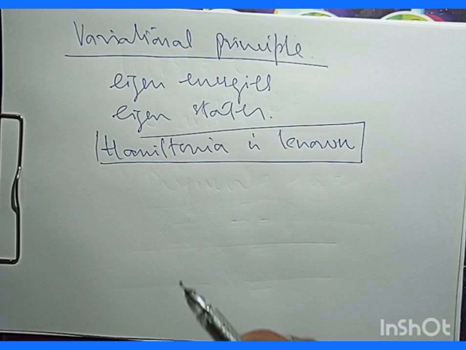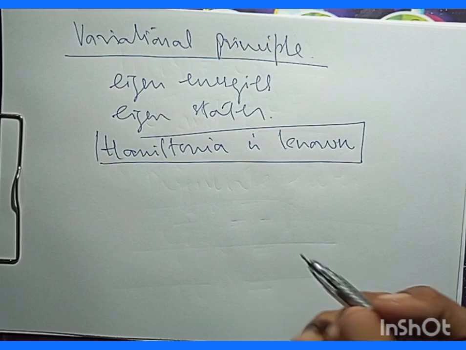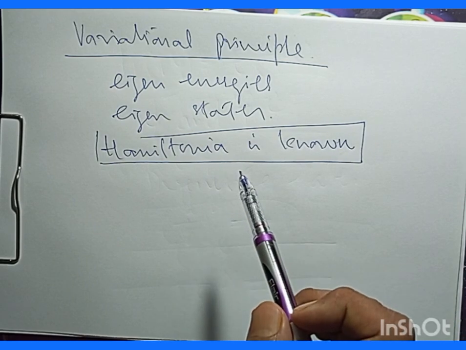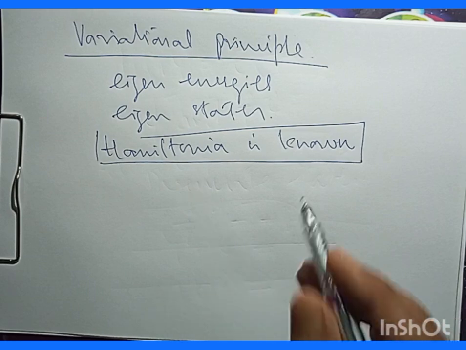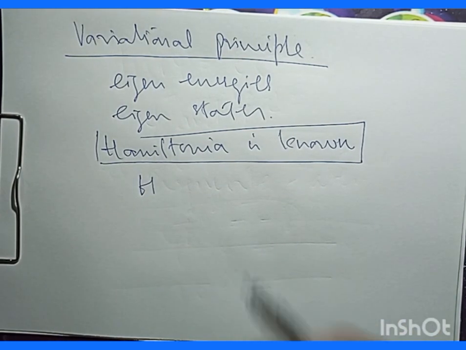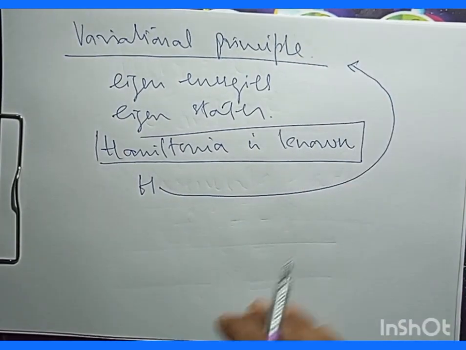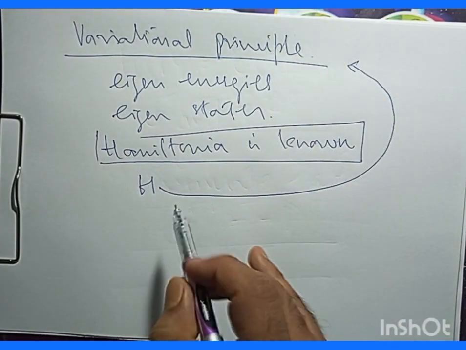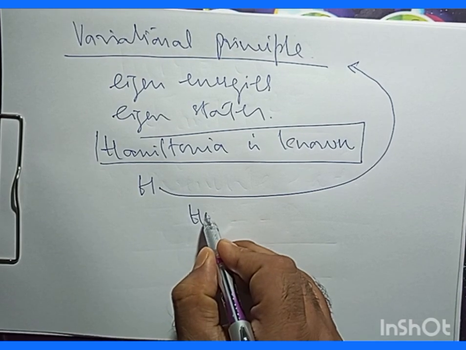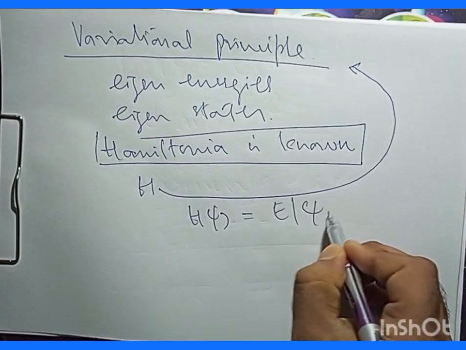Therefore, it's particularly useful for determining the ground state of quantum systems. Now, for a system described by the Hamiltonian, the ground state energy is calculated via this variational principle without actually solving the Schrödinger wave equation.